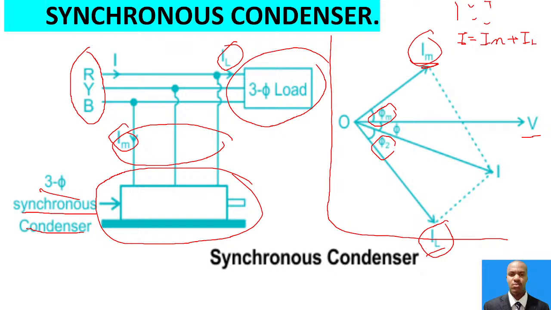Again, keep in mind that current I is our supply current from the three phase supply, and Im is the current to the motor, that is the synchronous condenser or the three phase synchronous motor. And IL is the current to our three phase load. So current I comprises Im and IL.